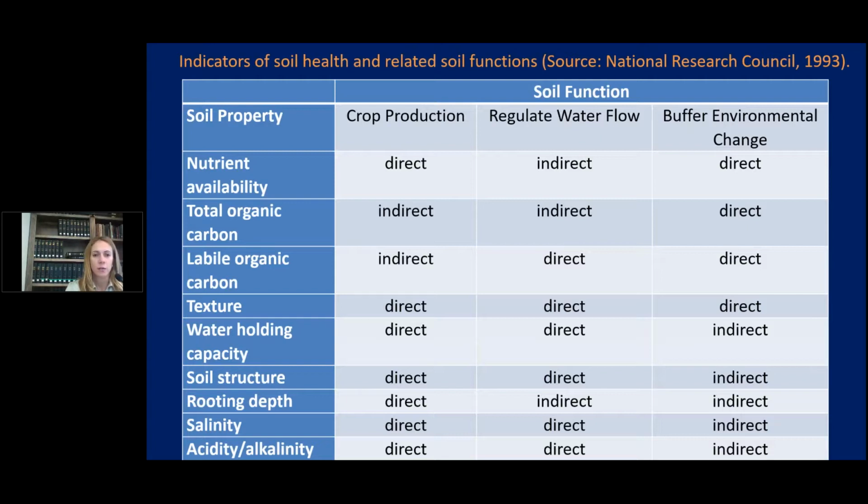The routine soil test, when you look at, for instance, what we are doing, is we are determining the nutrient availability. But other factors such as texture, which is a physical property of the soil, can also have a direct impact on crop production. But we typically don't analyze soil texture when we do our routine soil testing. The same with the water holding capacity and so forth.